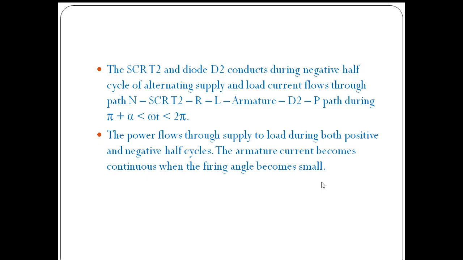We'll expect continuous conduction of the load when we switch on the thyristors at the lower periods. The earlier we switch on the thyristors, the more voltage we'll expect across the load. Similarly, the armature current becomes continuous when the firing angle becomes small.